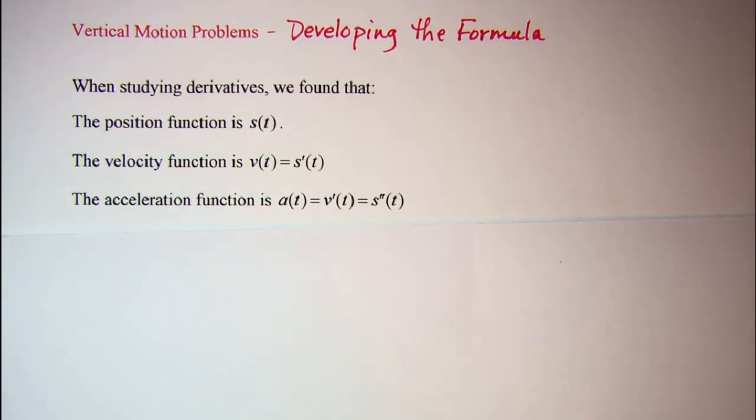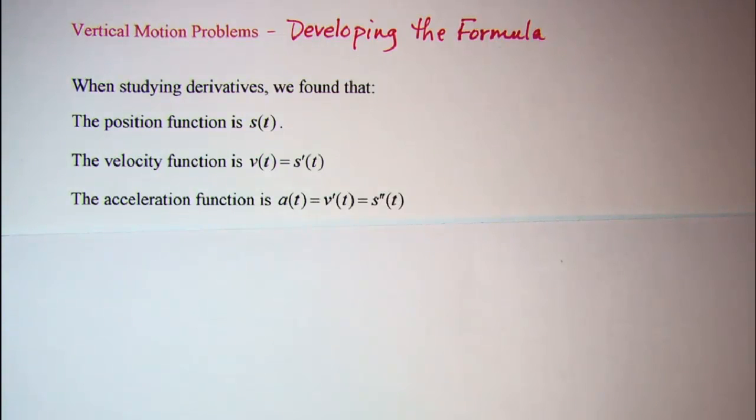And the acceleration function is called a of t, and you can get that by taking the derivative of the velocity function or by taking the second derivative of the position function.